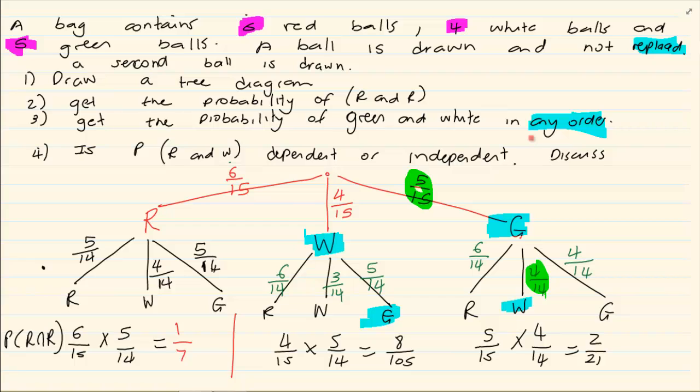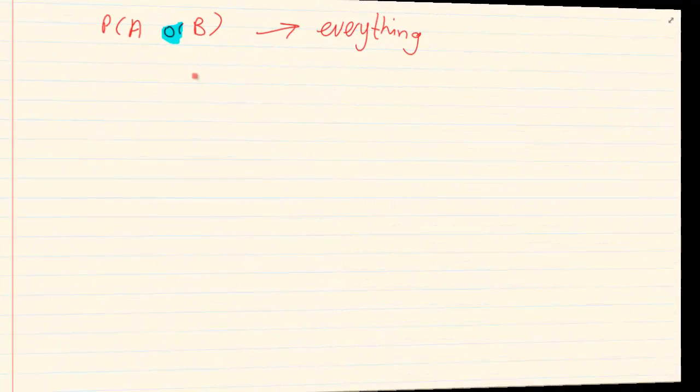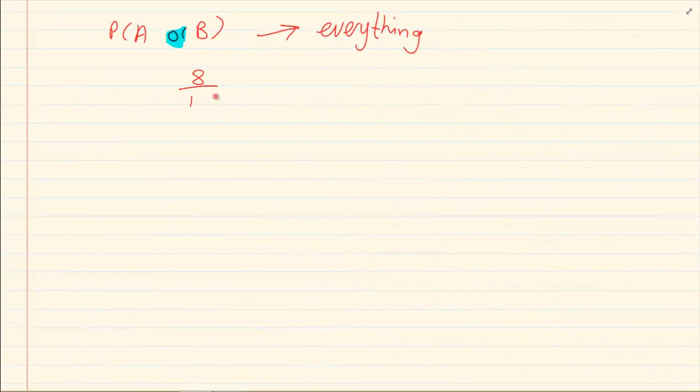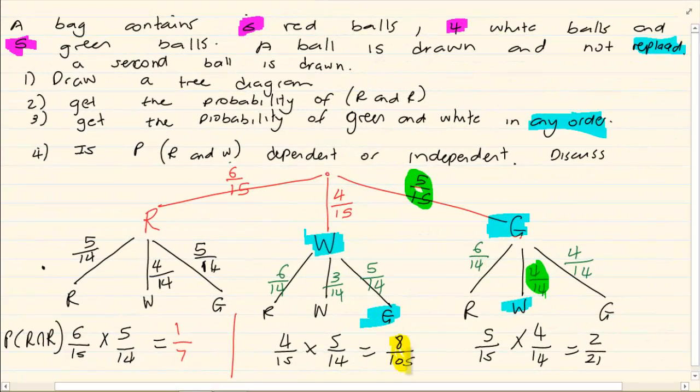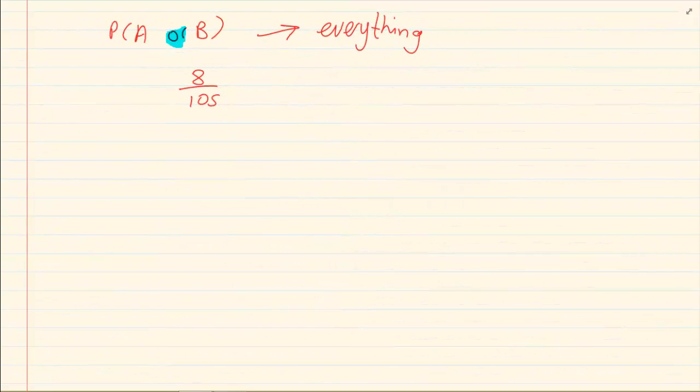So what I'm going to do is add the options. So I had 8 over 105 plus 2 over 21. So my final answer would be 8 over 105 plus 2 over 21.